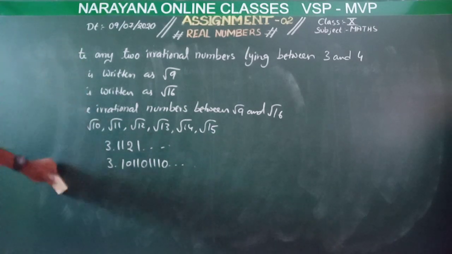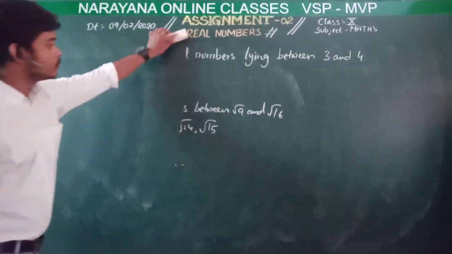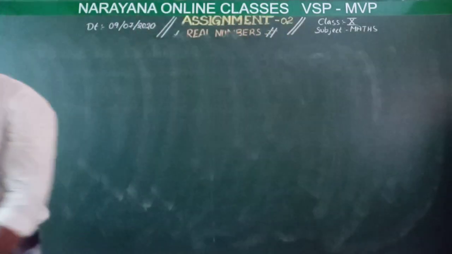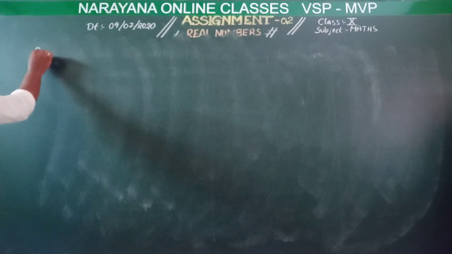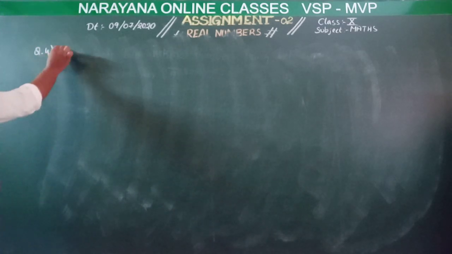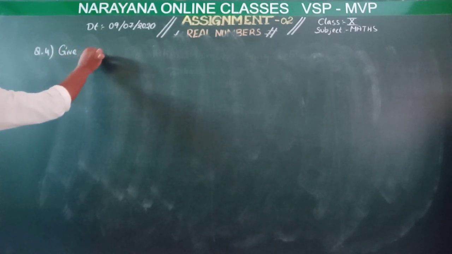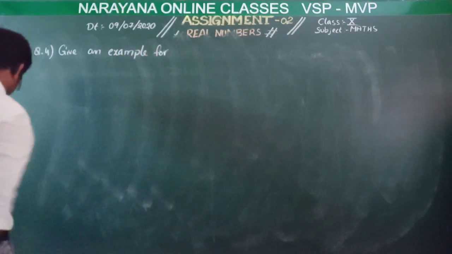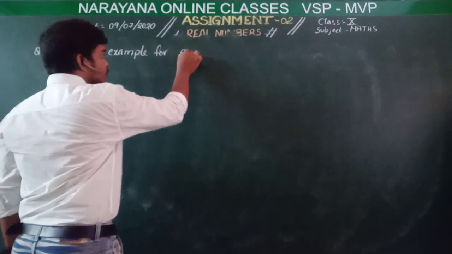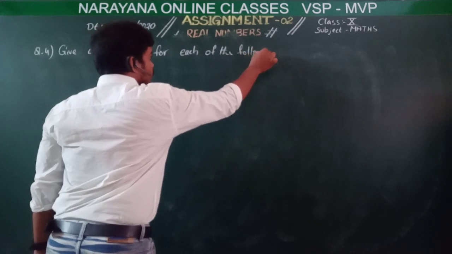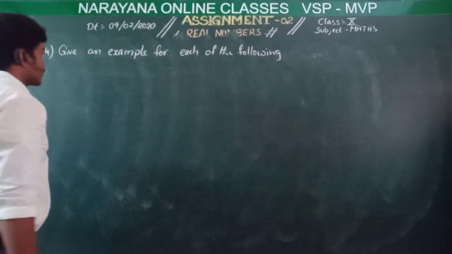Next question, question number 4. Give an example for each of the following. See children, here he is asking us 2 questions.